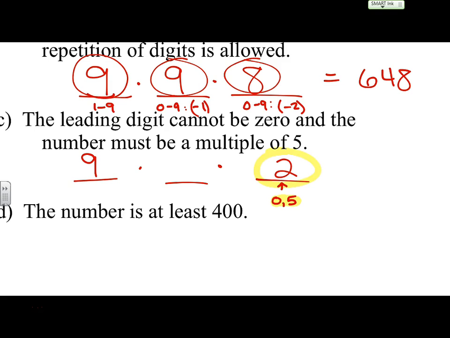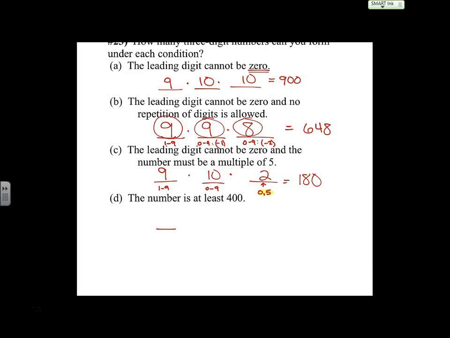If you think of 10, 20, 35, you have to end in a 0 or a 5. 9 options in the beginning because I'm not allowed to have 0, so all the numbers 1 through 9. And guys, are there any restrictions in the middle? No. So how many options are there? 10, aka 180 total.